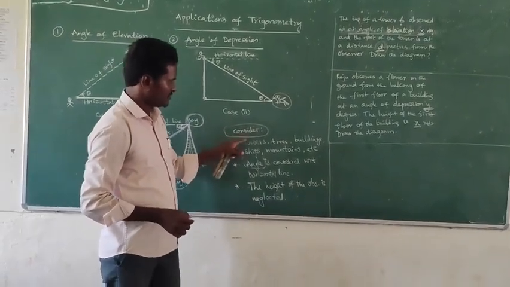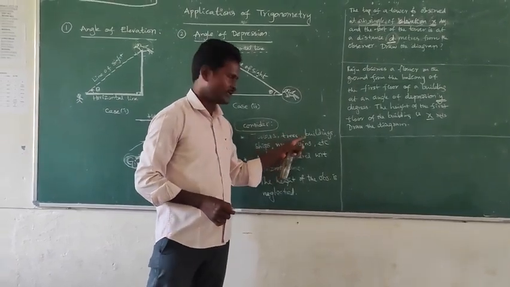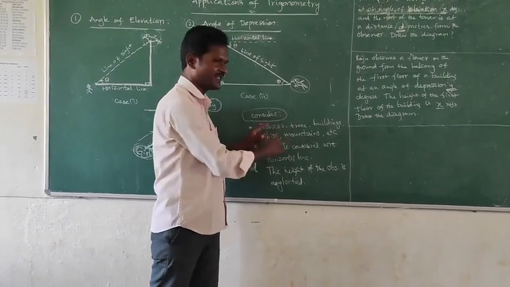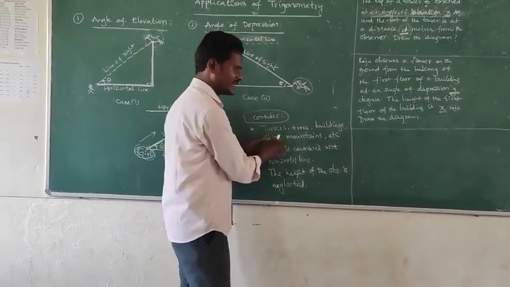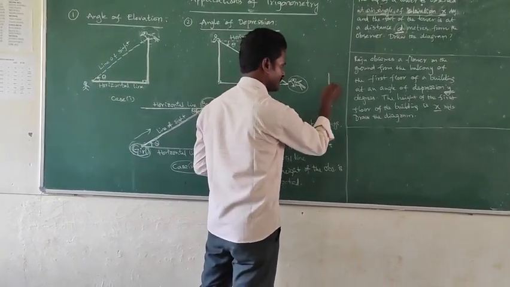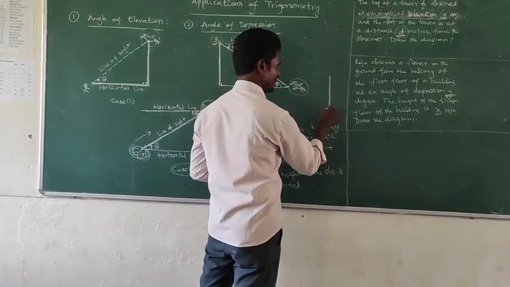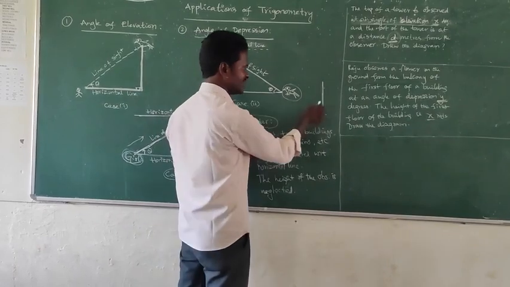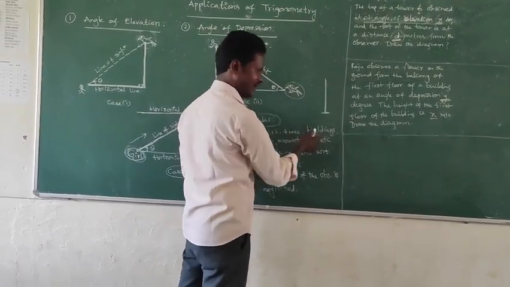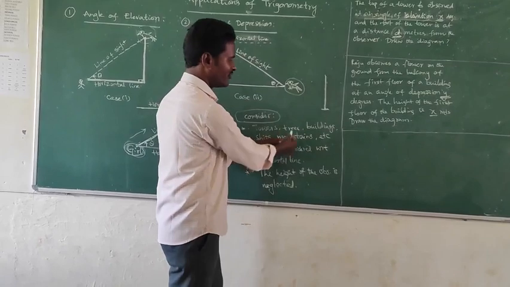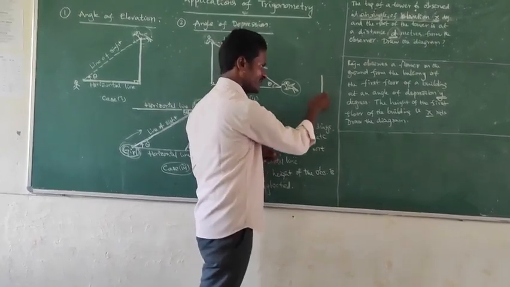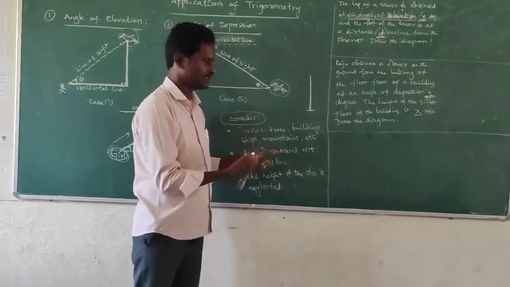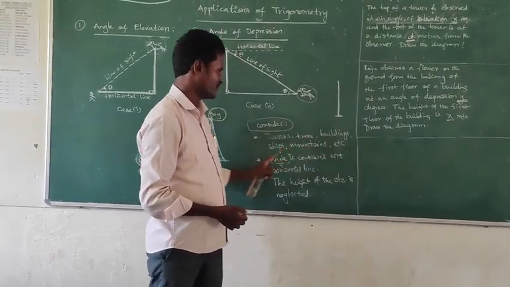If towers, trees, buildings, ships, or mountains are given in our problem, we will just consider each as a vertical line. If a tower is given, you will just draw a vertical line instead of the tower. Instead of a mountain, we will just draw a vertical line, so that we can understand. For our convenience, we just draw like this.